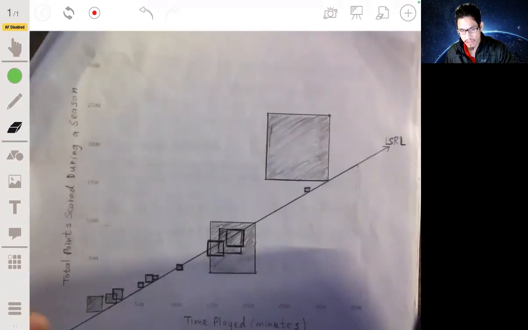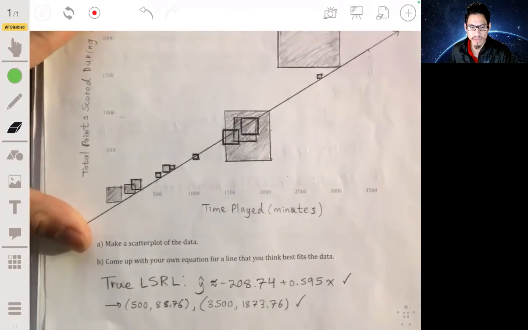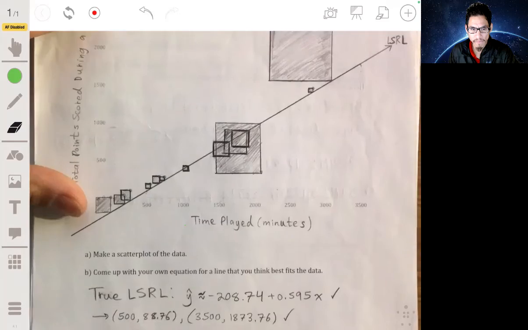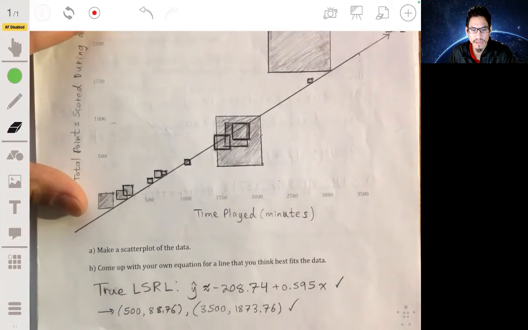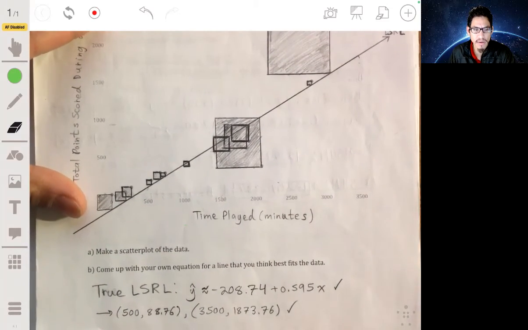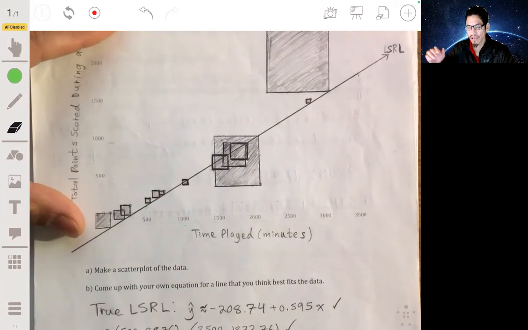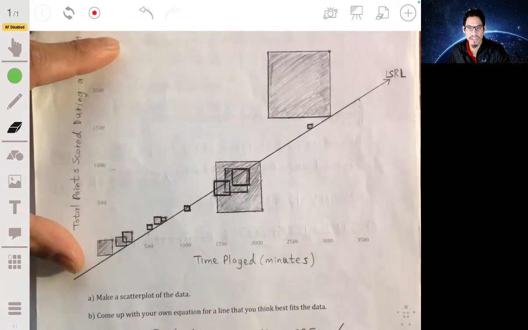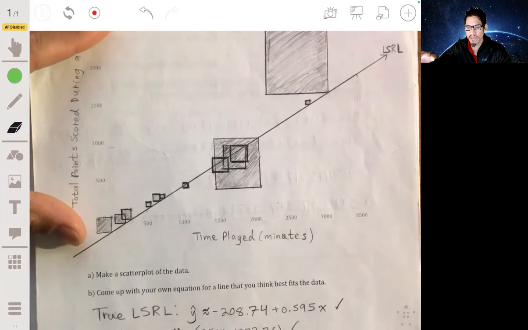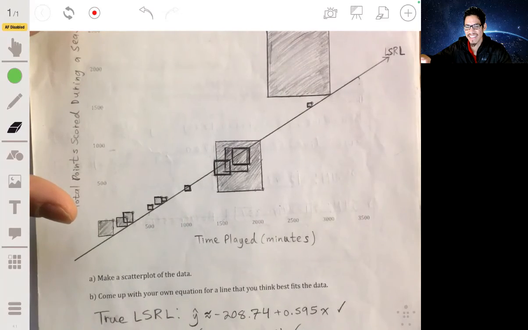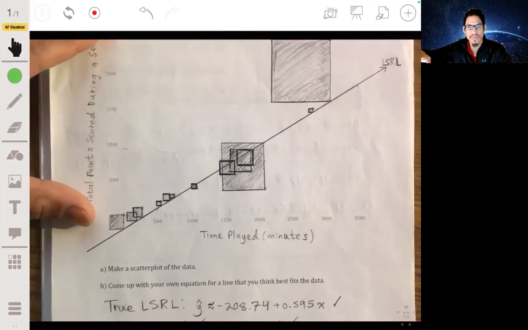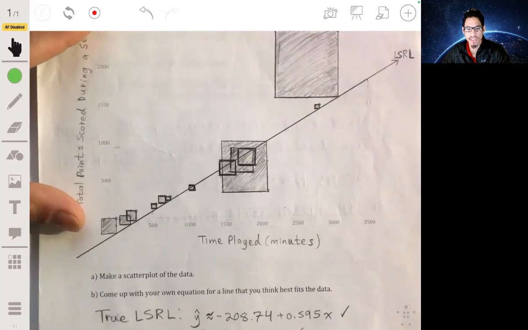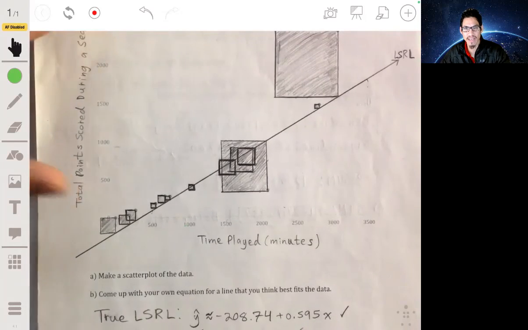Here we go. I did it in pencil and did my best to make the squares as approximate as possible. But again, it's the same general idea, and you can see visually what's going on with the least squares regression line, and that it is going to guarantee you the smallest sum of squared residuals and the best line possible.